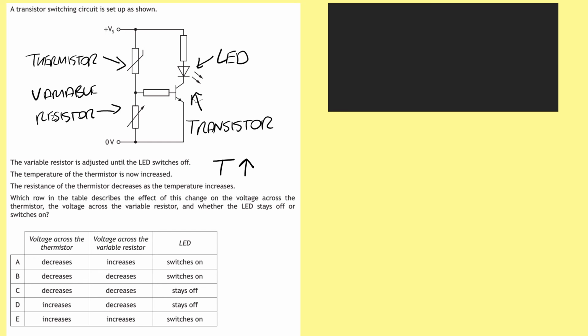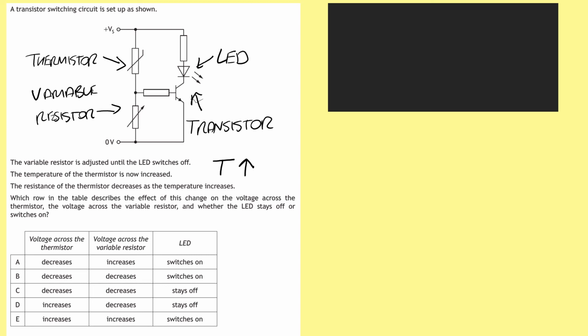Well, let's have a think here. This is a series circuit. So if the temperature is going to increase, we're told that the resistance decreases. So the resistance of the thermistor is going to decrease. Remember from previous slides, if the resistance decreases, then the voltage is going to decrease also. So the temperature goes up, resistance of the thermistor goes down, the voltage across the thermistor is also going to go down.